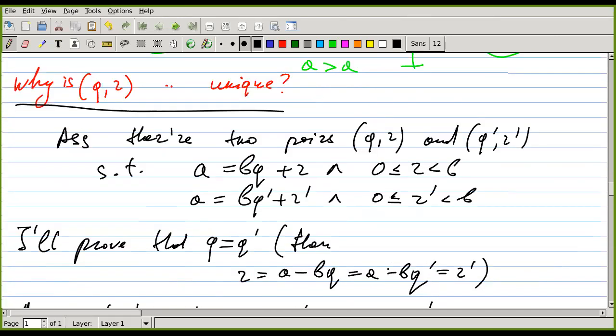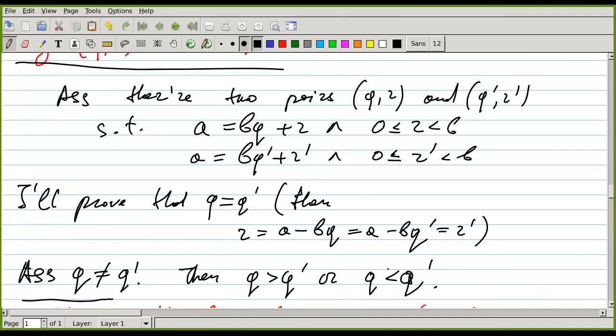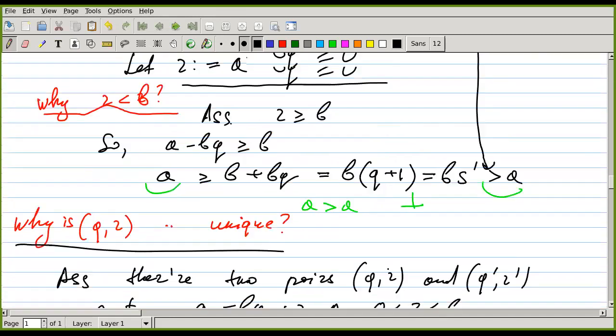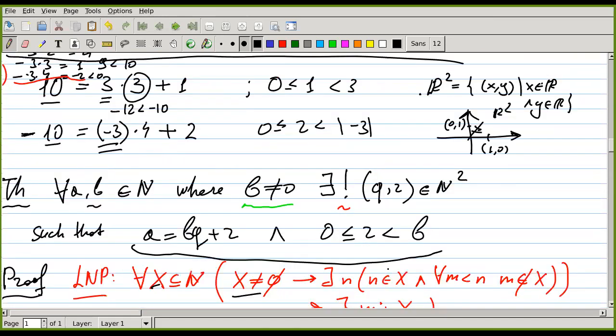Yes. So we have successfully proved that if Q does not equal Q prime, then one of them is greater, and we can obtain a contradiction. So in general, we established our theorem for natural numbers.